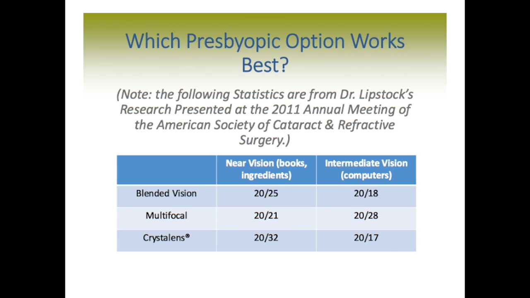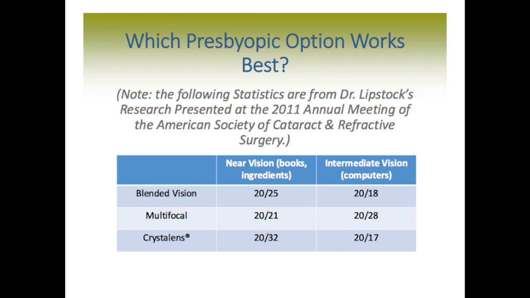Why? They're both monofocal lenses. Why is blended vision better for seeing at near, such as magazines? Because one eye is set for far and one eye is set for intermediate, but that also gives a decent ability to see near, like magazines.